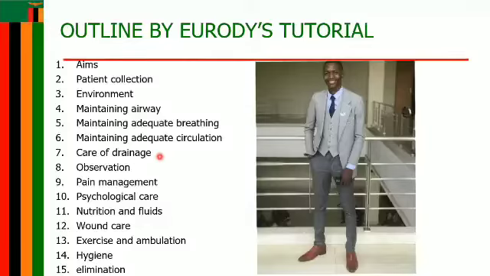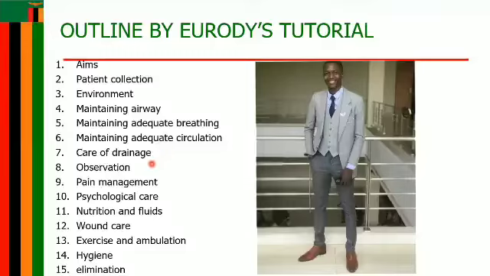So you need to ensure to talk about all those points in care of the drainage, because post-op patients will come with certain drainage tubes, especially if we talk of chest injuries as well as abdominal surgeries, laparotomies, all those you'll find that patient comes with drainage tubes.